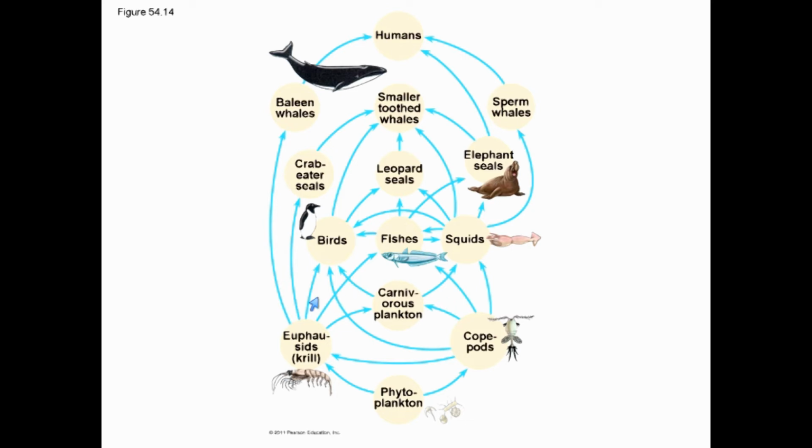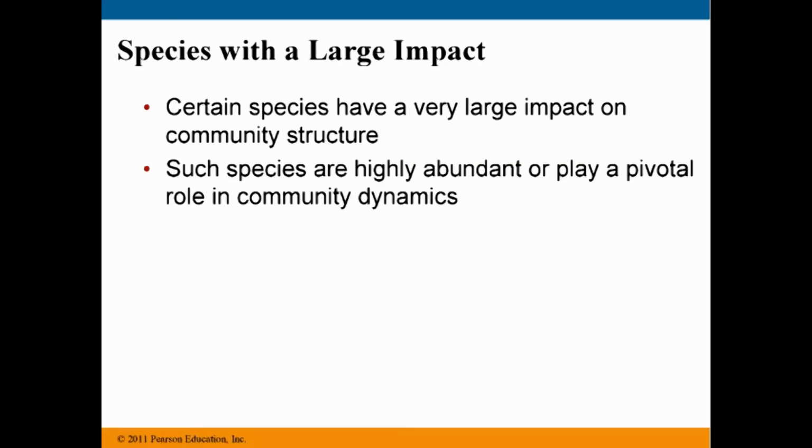And here with our blue lines that we're seeing, shows you that humans are at the top. Whales are considered to be our quaternary consumers. Everybody kind of feeds on everybody else. Okay, so fishes, squids, birds, all in the middle will eat, but they'll also be eaten as well. Okay, so these food webs can become very complex. This one's looking at an aquatic food web.